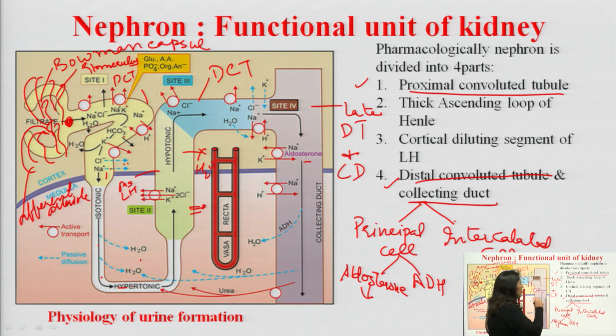So, this is renal physiology, that is, how urine formation occurs. It is mainly divided into 4 sites where our diuretics act.